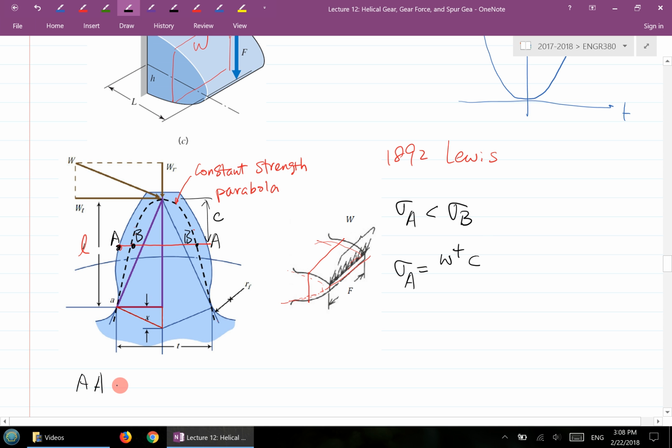AA has a width of T2, and BB has a width of T1, for example.